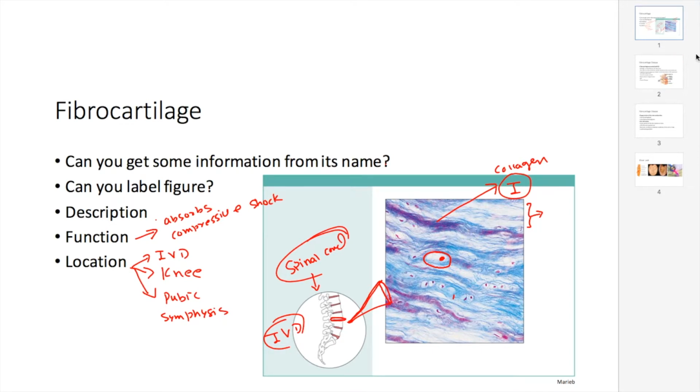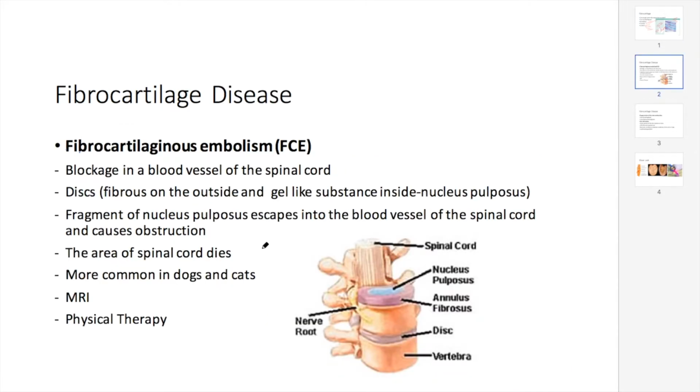Let's go to the second slide: fibrocartilage disease. There are different types of disease associated with fibrocartilage. One of the most common is fibrocartilaginous embolism, FCE, which is most common in dogs and cats. It might not be common in human beings, but the main idea is that there will be a blockage in a blood vessel of the spinal cord.